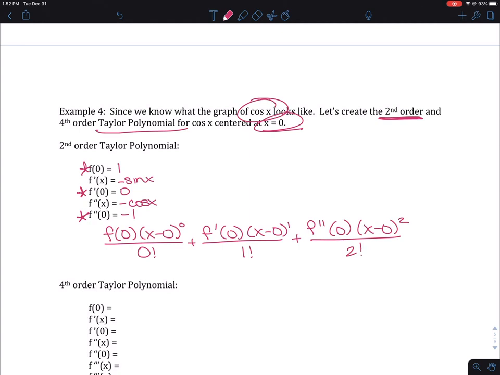So what does that give me? 1, because x to the 0 power is just 1. And then plus nothing, 0, because f prime of 0 here is 0. And then plus my negative 1 over 2 factorial, which is just 2, and then x squared. So my polynomial is 1 minus 1/2 x squared.